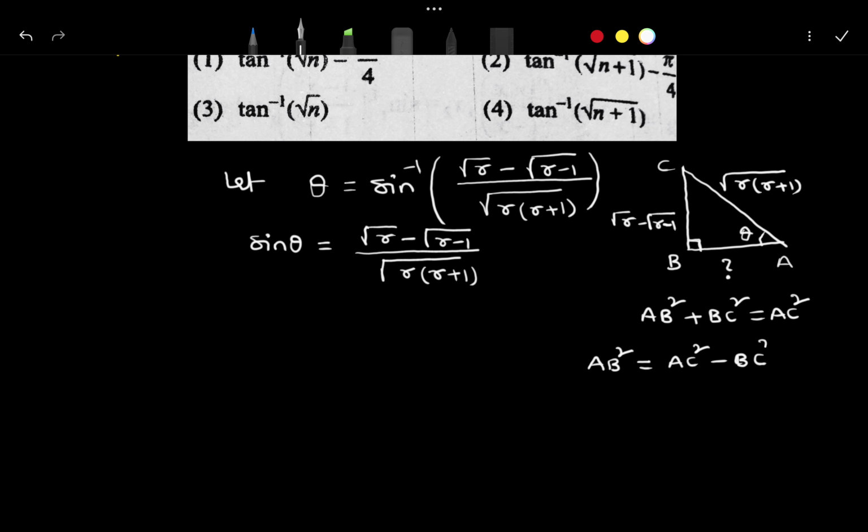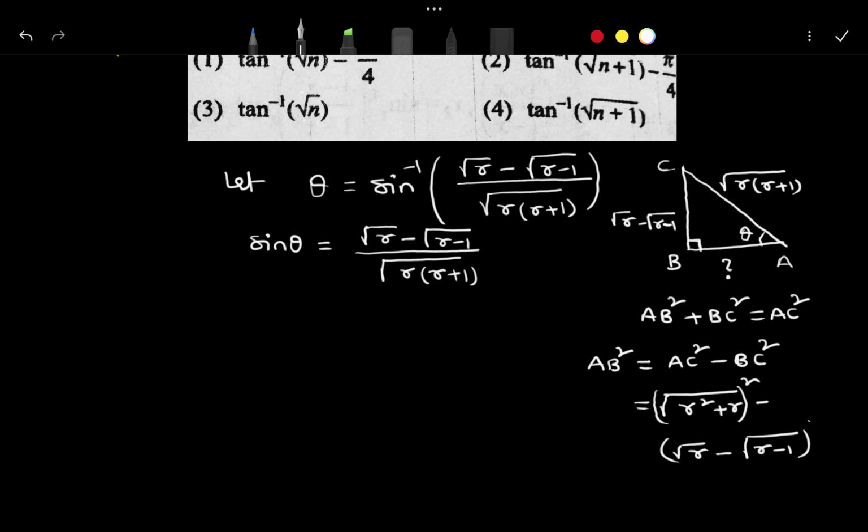AC square value will be square root of r into r plus 1 whole square, that is r square plus r, minus BC square, that is root r minus root of r minus 1 whole square.